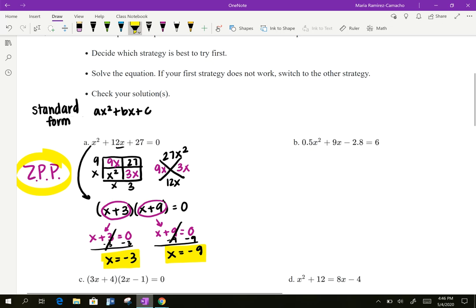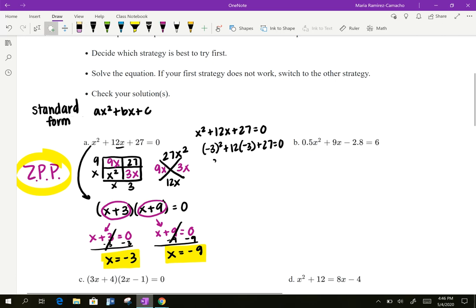Okay, last but not least, we need to check our solution. Let's do it just for part A so you know how to, in case you don't. Take your original equation and plug your solutions in. So here, plug in -3 for x, for both x's, and then just make sure that both sides of the equation are the same.